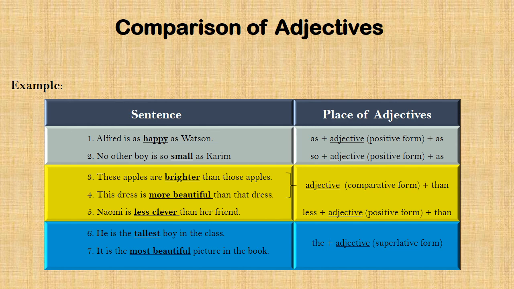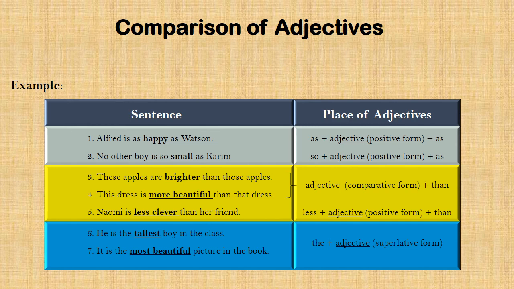Some examples for you. By going through the examples, we will try to explain the use of the comparison of adjectives in clause test. A column named place of adjectives is given here for your better understanding. Read the first example. Alfred is as happy as Watson.